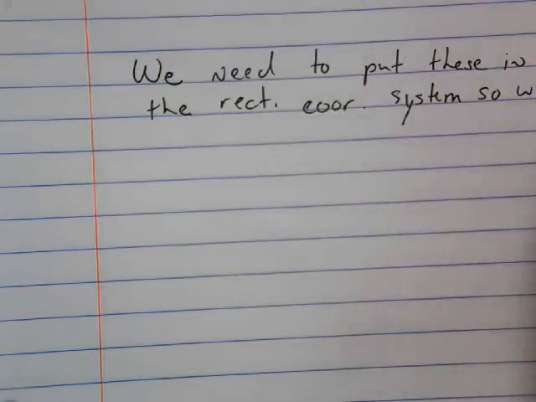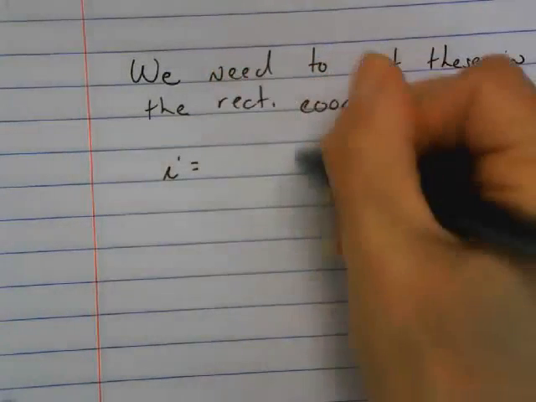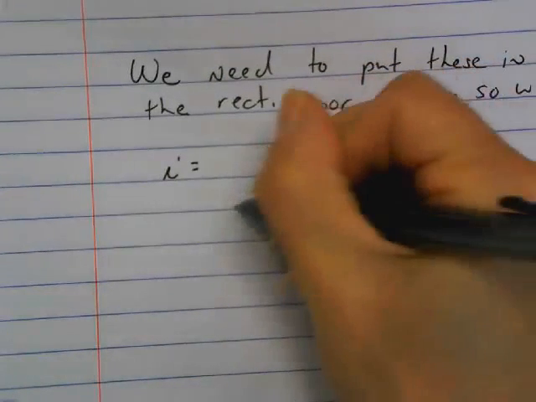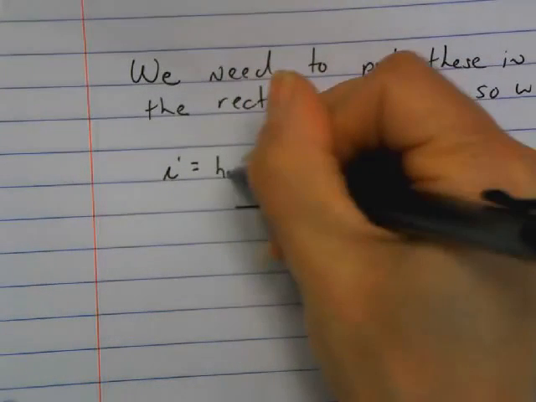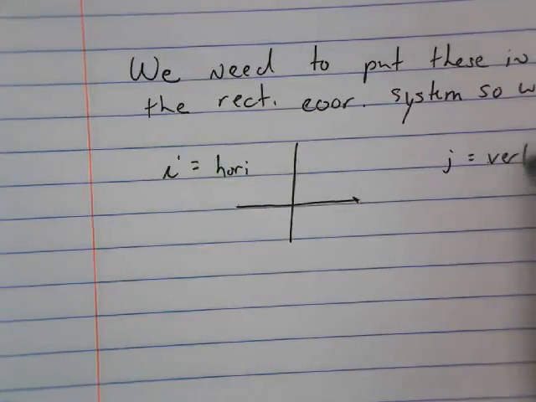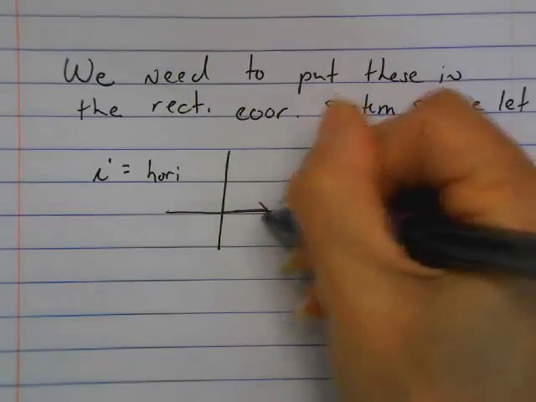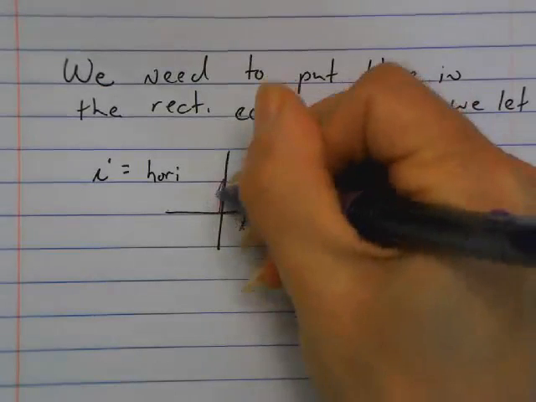So we let I equal the horizontal. We're going to let J equal the vertical. So in other words, this will now be I, this will be J.